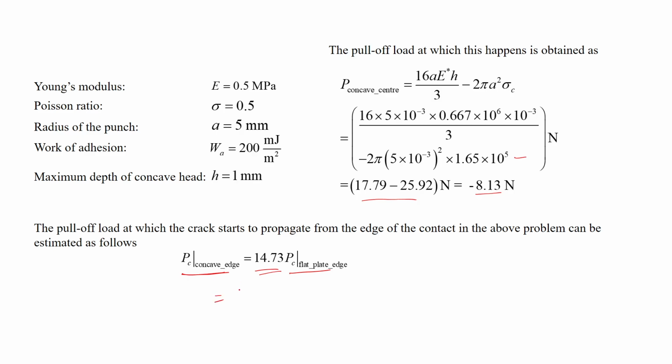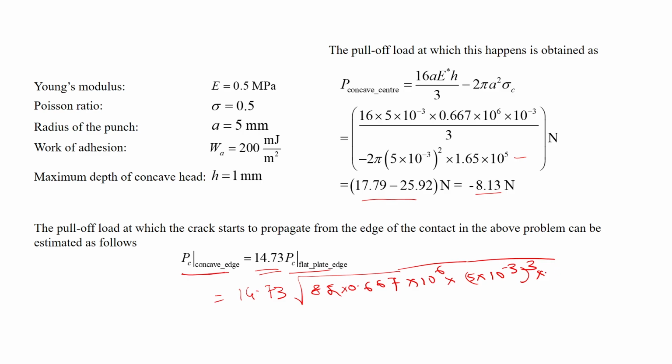In this case, this is 14.73 times square root of 8 into pi into E star. So, E star is 0.667 into 10 to the power 6, into A cube. A cube is 5 millimeter, 10 to the power minus 3, cubed, into work of adhesion also should be there.